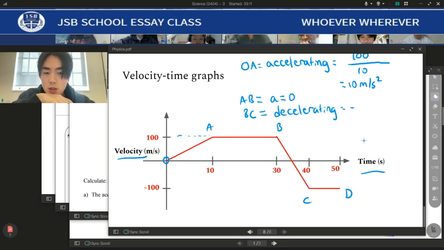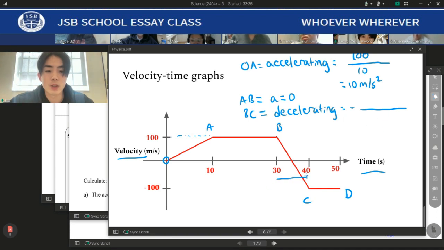Close, very close. So if you look at B to C here, what's the velocity from B to C? What do you guys think? What's the time first? Time 40.